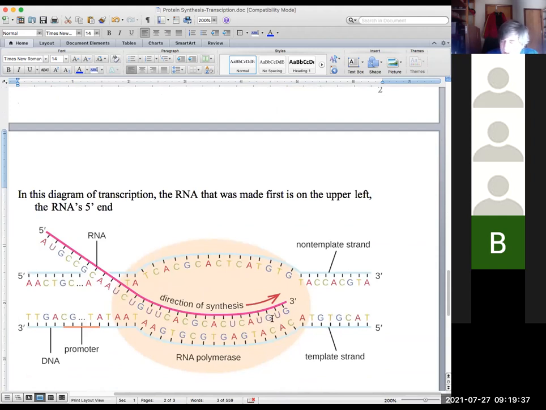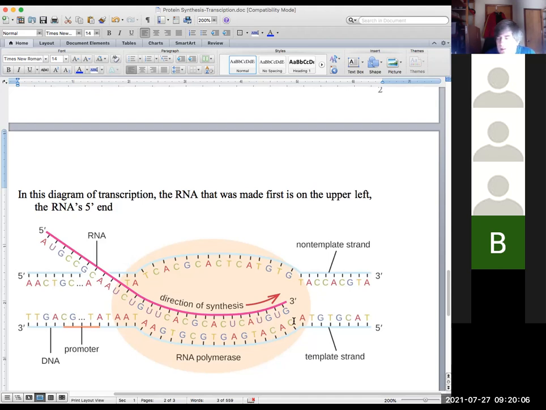Because if we have a section of RNA that's GUG, we know that the DNA that built that was CAC. So if we have a piece of messenger RNA, we can build an artificial gene, and then we can try to put that gene in a cell. That's one way that we do genetic engineering.